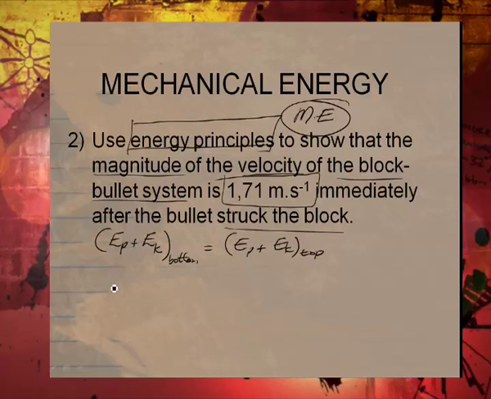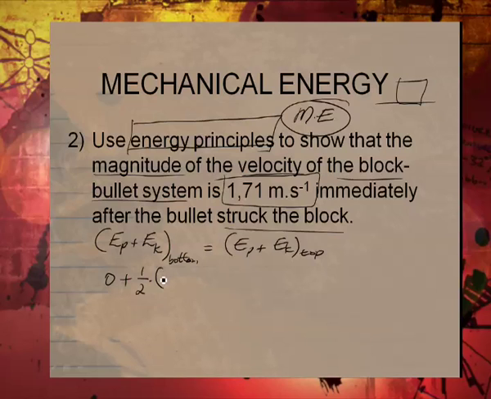We have the block at the bottom there, no height above that surface. So it has 0 potential energy, because potential energy is mgh, plus EK, it is moving, the bullet is moving.